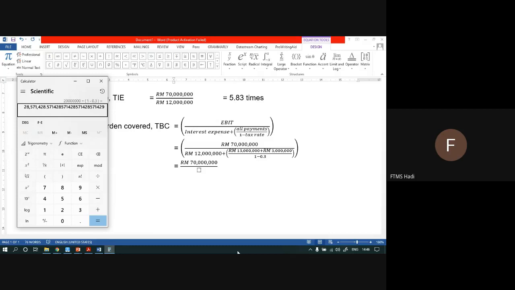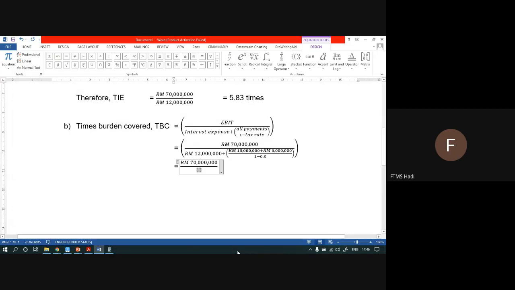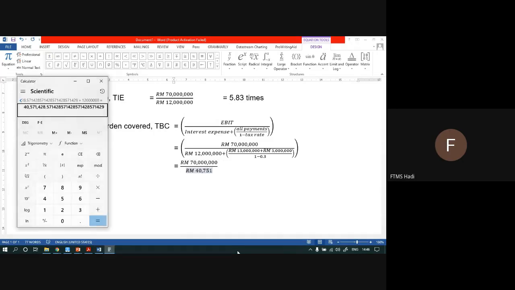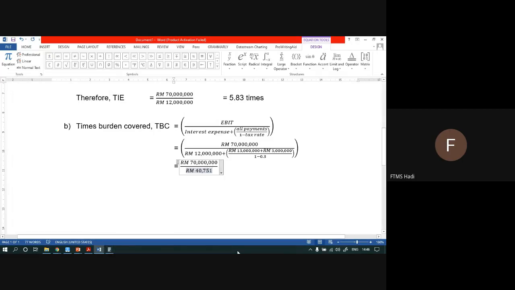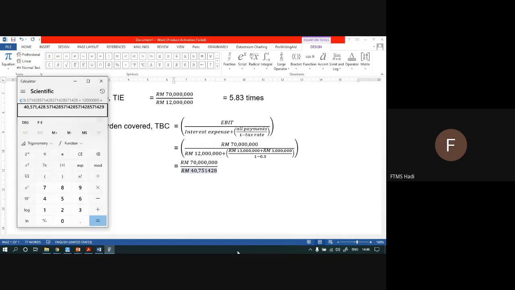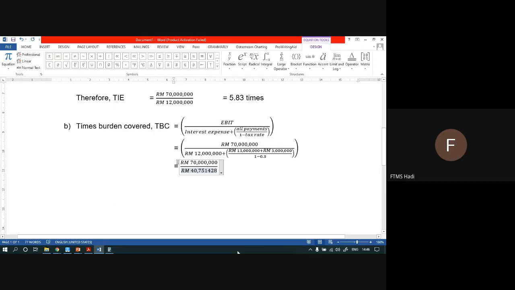And then you need to add 12 million. This one, 40.571428, you can take the decimal points also. 429.